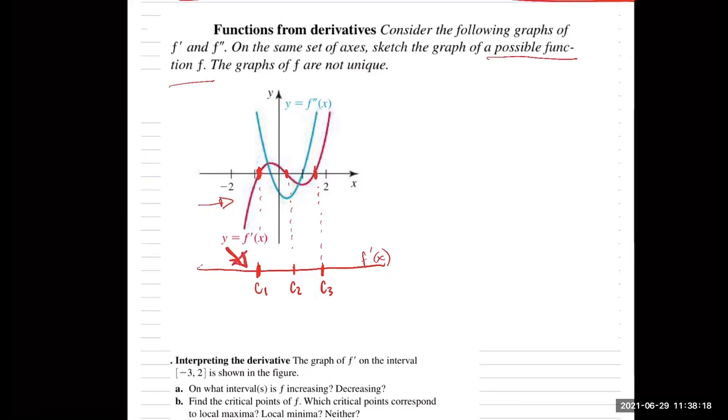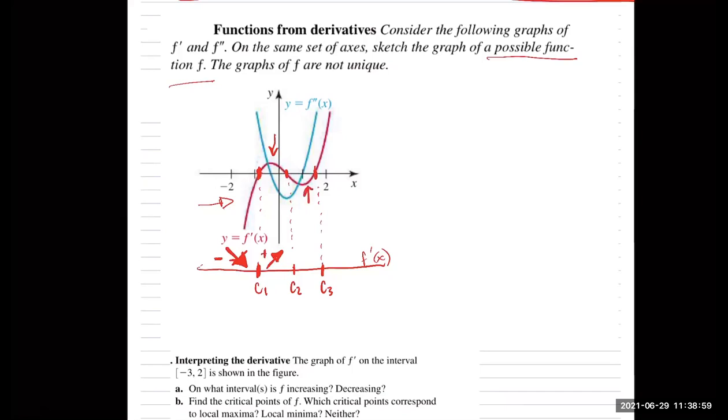So do you see I'm drawing that little arrow like we did earlier? That's what I know. Between C1 and C2, our first derivative is above the axis. That means the first derivative is positive, and if the first derivative is positive, that means the original function is increasing. So these little arrows I'm drawing right here represent the original function. First derivative was negative, now the first derivative is positive.